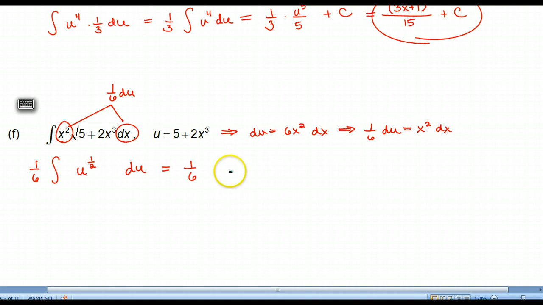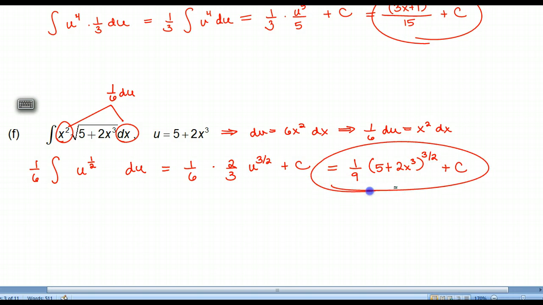Just do the u to the 3 halves over 3 halves. So that'll be 2/3 u to the 3 halves, and then the plus c. So we get 1/9, and then 5 plus 2x to the 3rd, all to the 3 halves, plus c. Question?